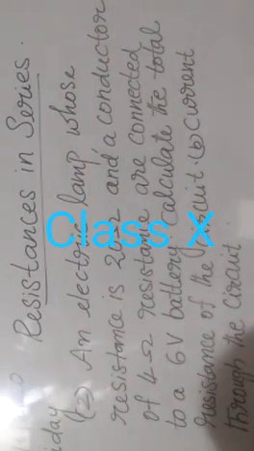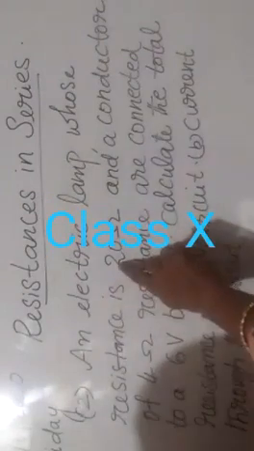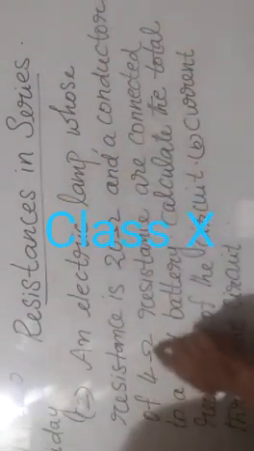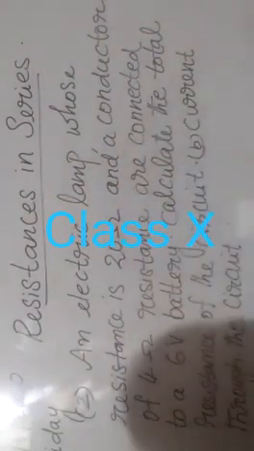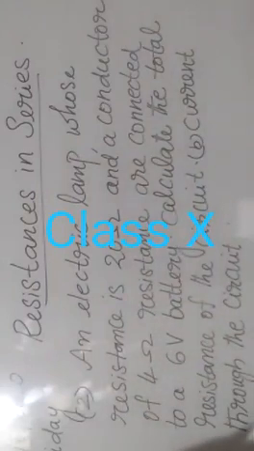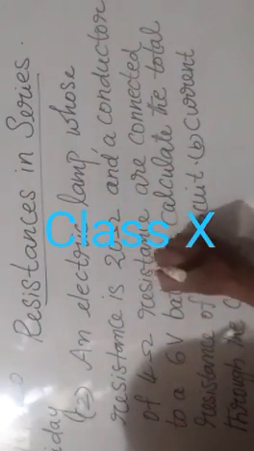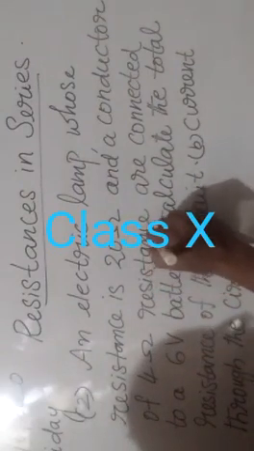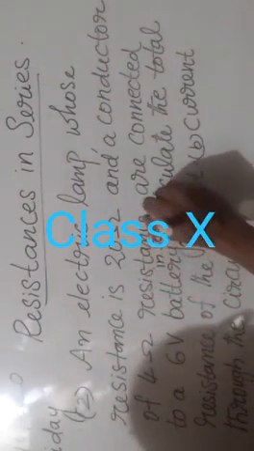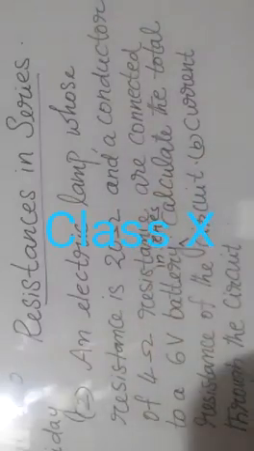Okay. So here let me write: a resistance of 20 ohm and a conductor of 4 ohm resistance are connected to a 6 volt battery in series.